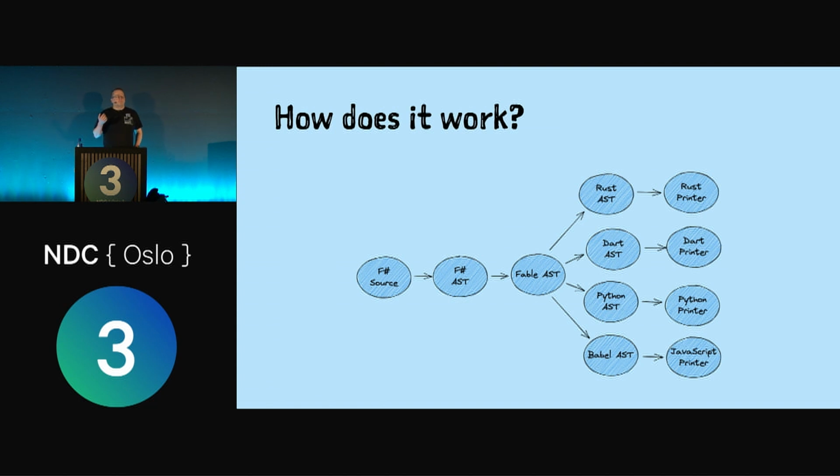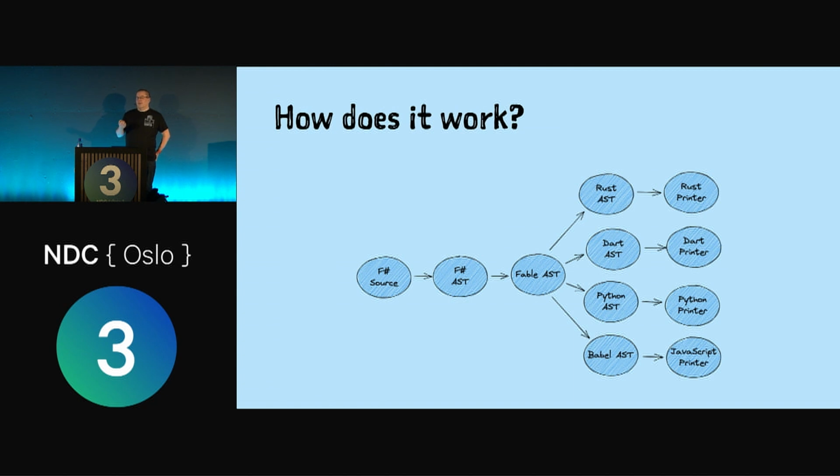So we get a data structure that represents the F# program. That AST is a bit difficult to work with because it's only expressions. And we know with Python, there's almost no expressions. So we translate that AST into the Fable AST, which makes it easier for us to do stuff in the languages we want to work on. And we can do all the transformations in the Fable AST that are common for all the targets.